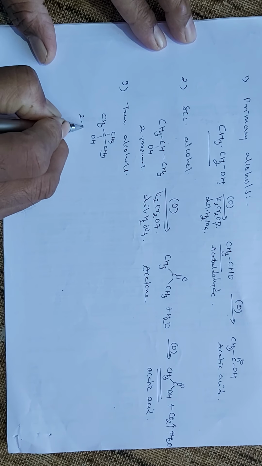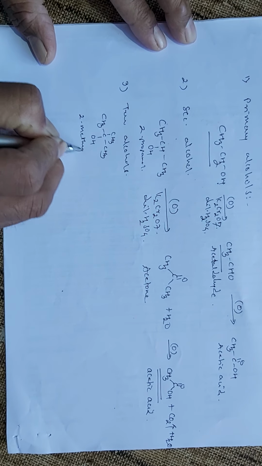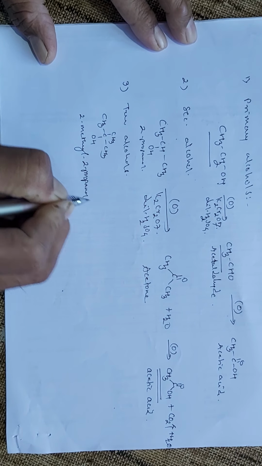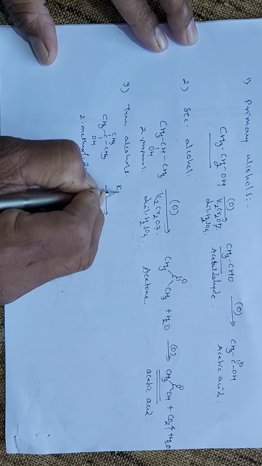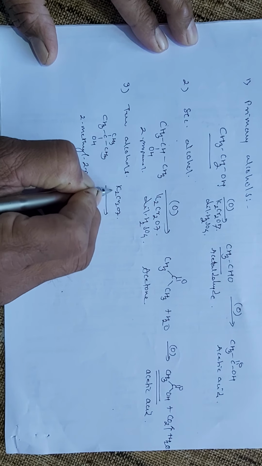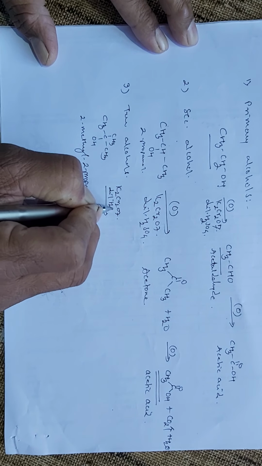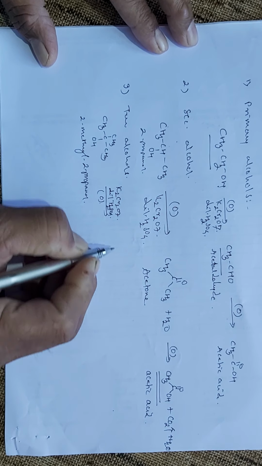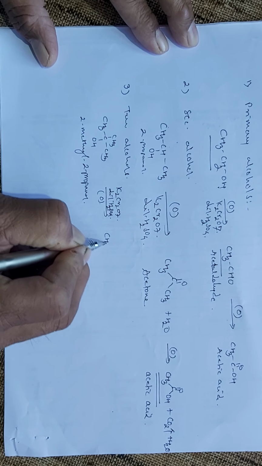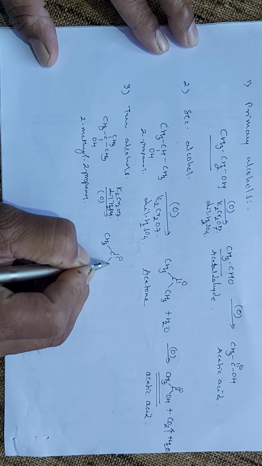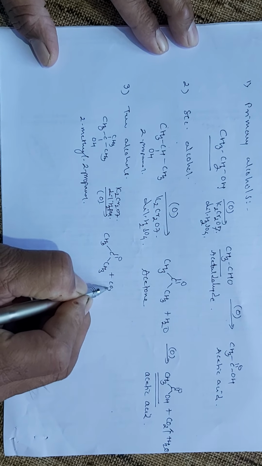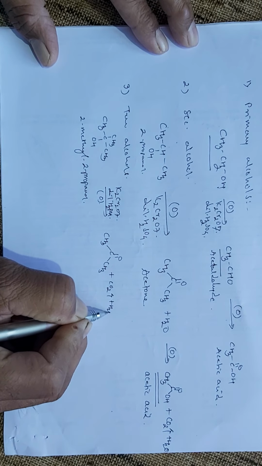This is your 2-methyl-2-propanol, and this on oxidation by using K2Cr2O7 in presence of dilute H2SO4 will give you a ketone with one carbon atom less, where carbon dioxide and water are set free.